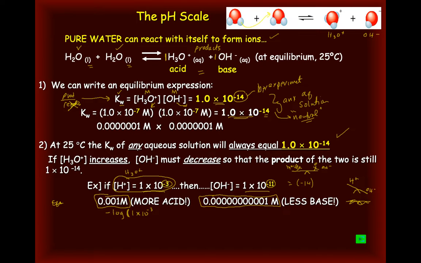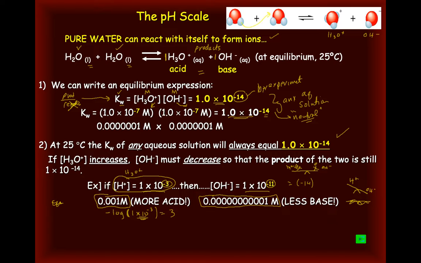Now I know the times 10 can be the EE button, and that's above the comma. So if you hit second function EE, you'll get the times 10. If you evaluate this in your calculator, you will actually get a big 3.